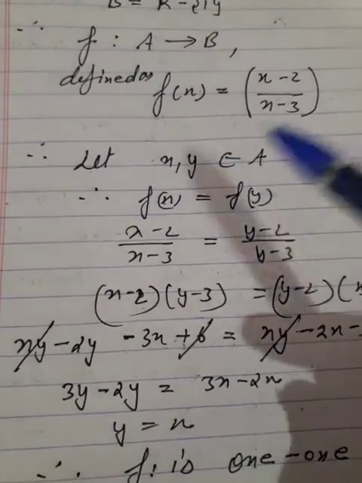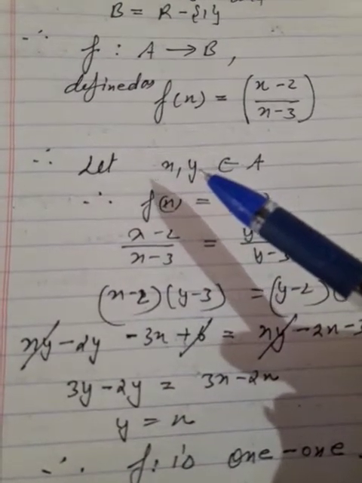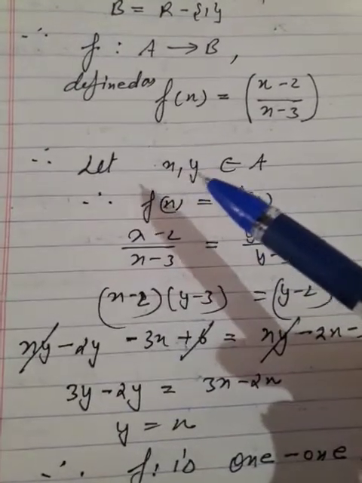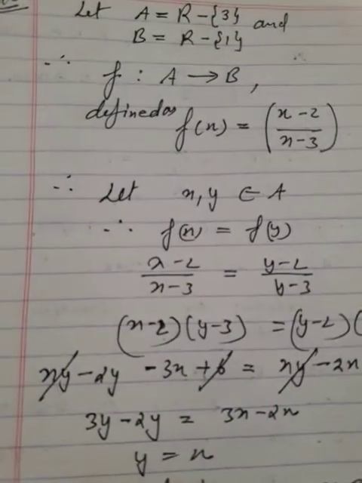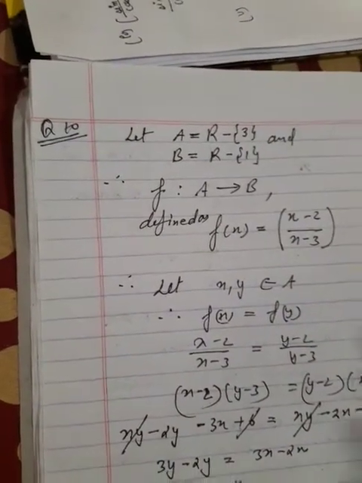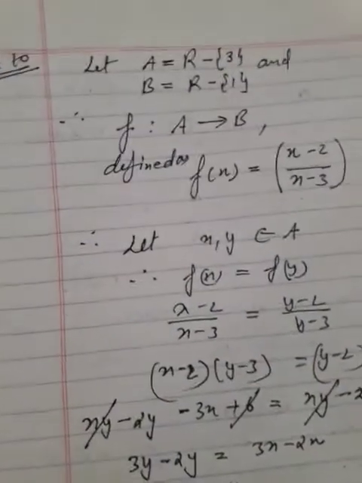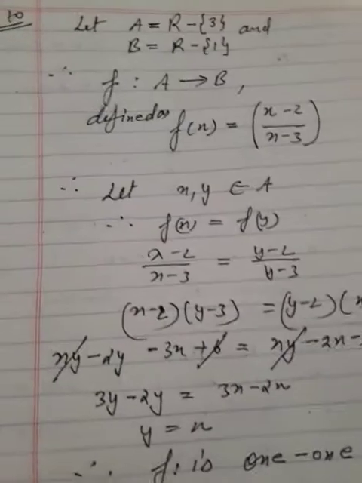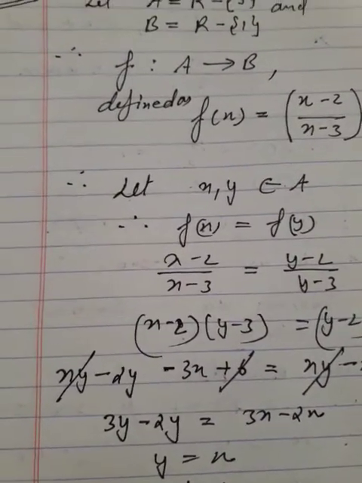So let us see, if x and y are two real numbers such that x belongs to A and y also belongs to A, such that f(x) equals f(y).